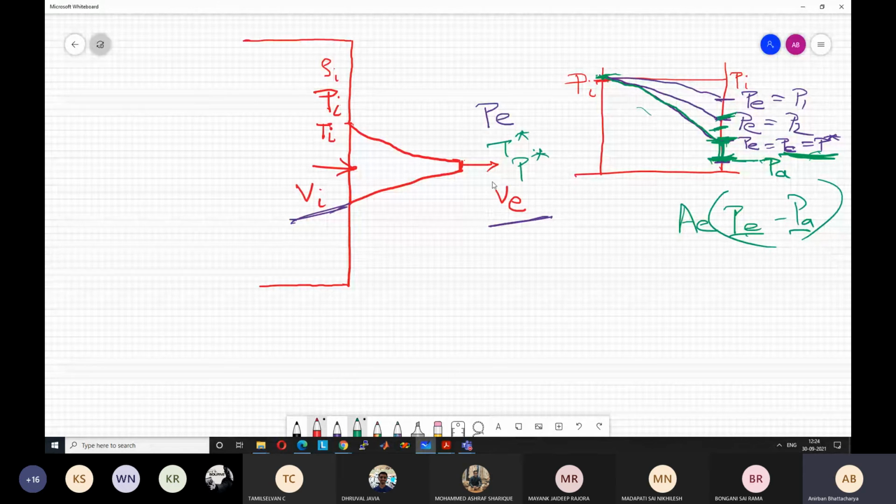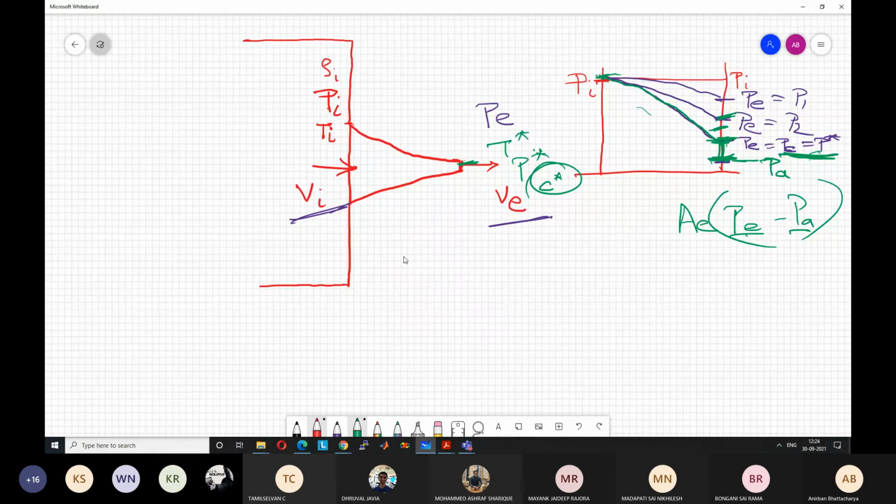These are known as critical temperature and critical pressure, and the sonic velocity is correspondingly C star, the sonic velocity for temperature T star. This is the velocity at the exit of the nozzle, and we have to find this value to find the thrust. So let us try to see that.